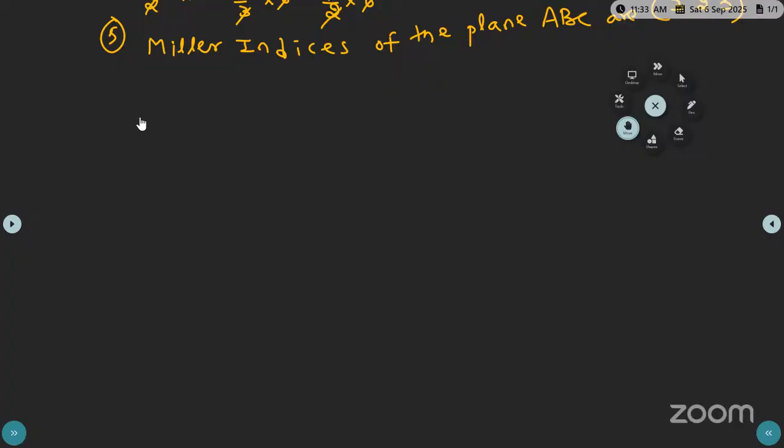Hence, its Miller index for that axis is 0.